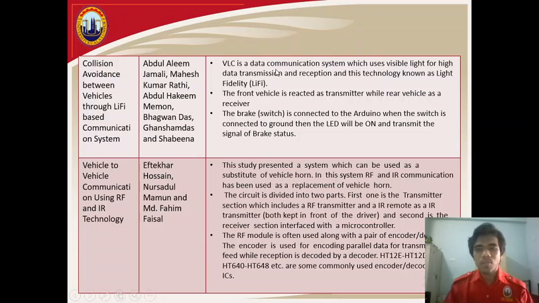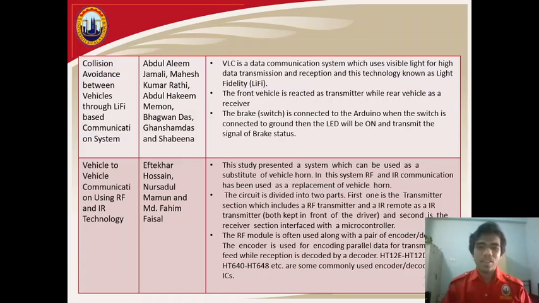They also prefer to use Wi-Fi because it has high data transmission and reception, and they declare that the front vehicle will be the transmitter and the rear vehicle will be the receiver, which is different from my FYP, where I put the rear vehicle as the transmitter and the front vehicle as the receiver.